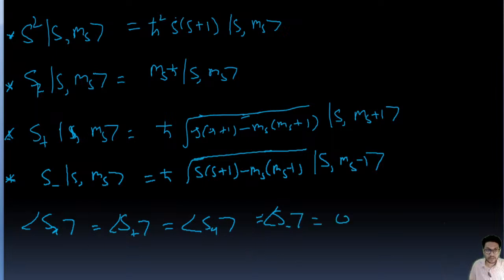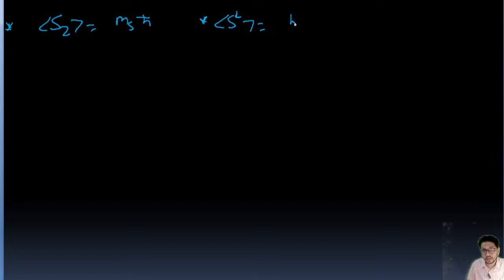The average value of Sz is ms ħ, and the average value of S squared is ħ squared s(s plus 1).